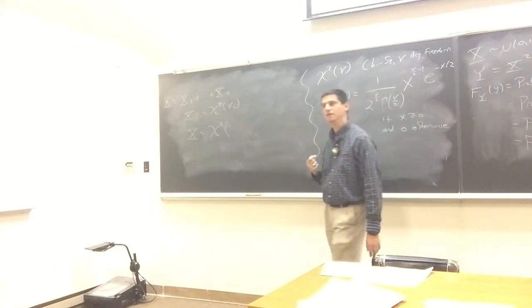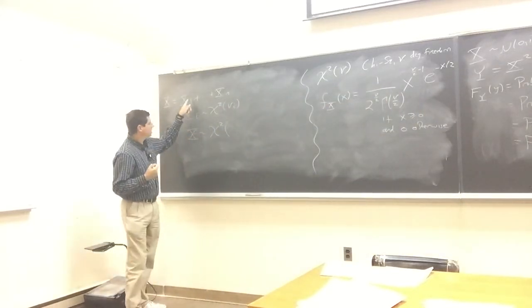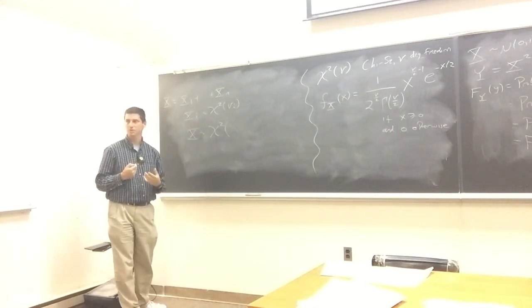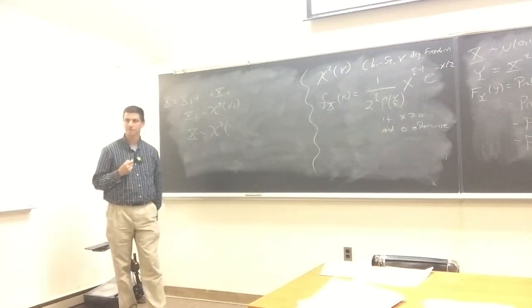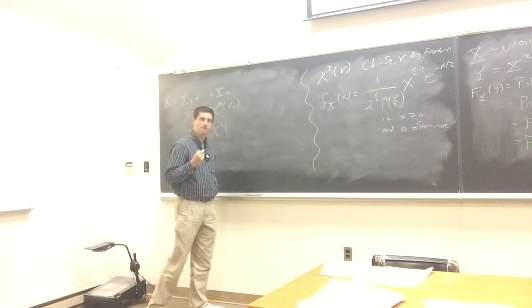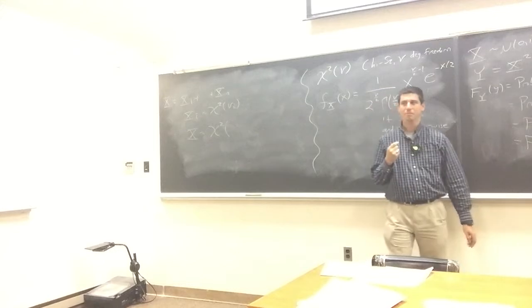I'm sorry? N times nu i, or n times n minus 1. Well, x1 is nu 1, x2 is nu 2, x3 is nu 3. So what do you think it would be? Yes? It's going to be the largest number of degrees of freedom of all the x's. Not the largest.